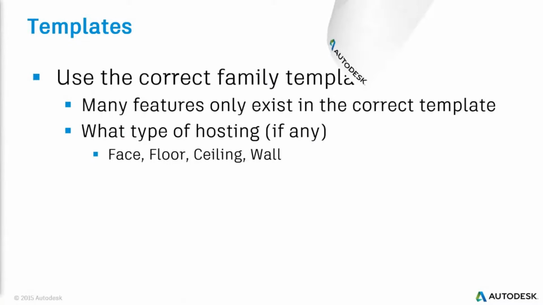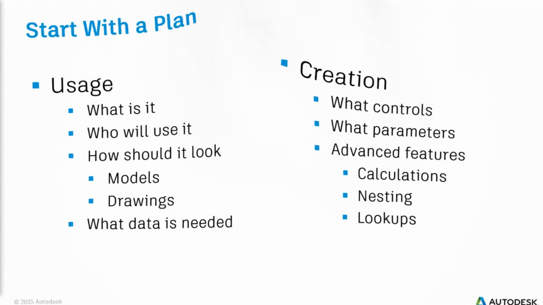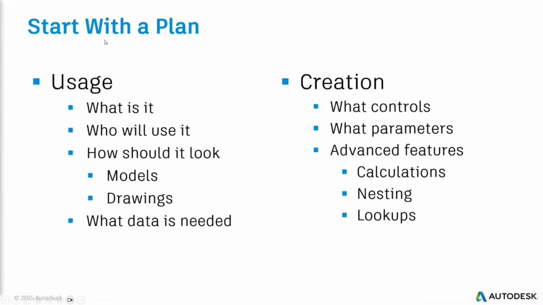So use the correct family, and before we can do that, let's start with the plan. The plan is what it is. I just want to create a box, and how I'm going to use it. The box has length, width, and height, and how it should look like. It will look like a box, of course. So drawing, it will be a square.